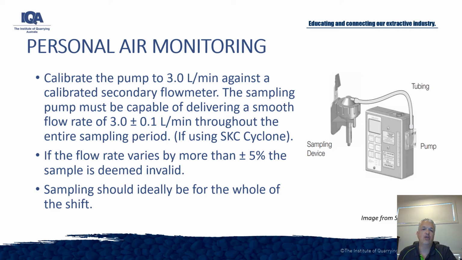Just ensure you know which cyclone you're using, because each one does use a different flow rate. Look, check with the manufacturer or check with the occupational hygienist prior to doing the monitoring, because if you use the wrong flow rate with the wrong cyclone, again, it'll be an invalid sample and you've wasted that day monitoring. And like I said, with this example of 3 litres, it is only for the SKC cyclone.